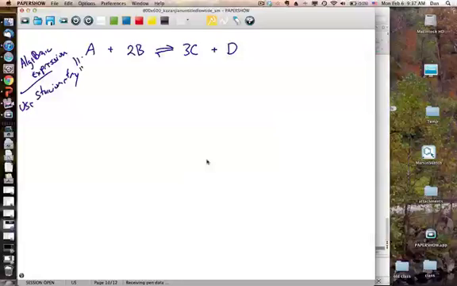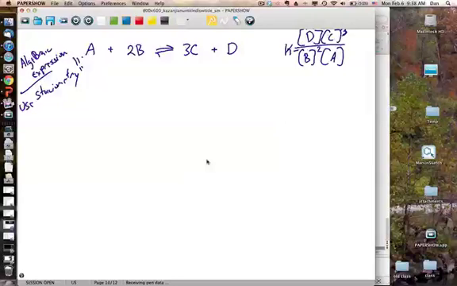So here's our equilibrium expression. K would be equal to D times C cubed divided by B squared times A. So this would be the algebraic expression that would encapsulate that particular equilibrium.